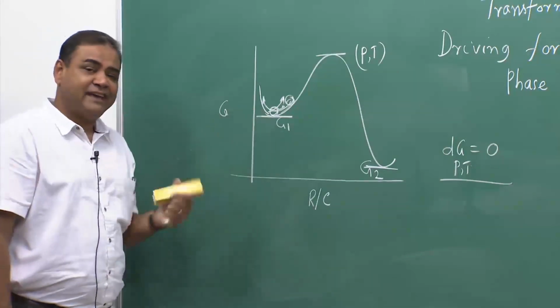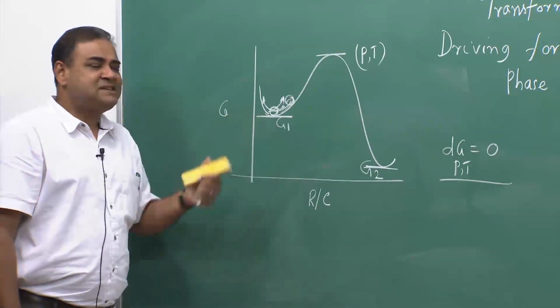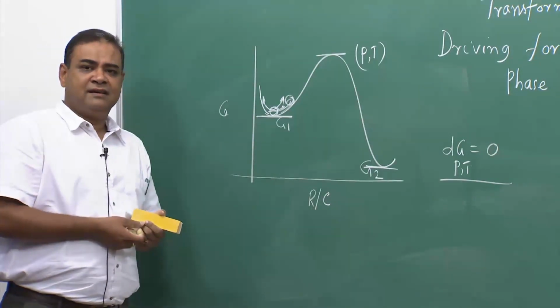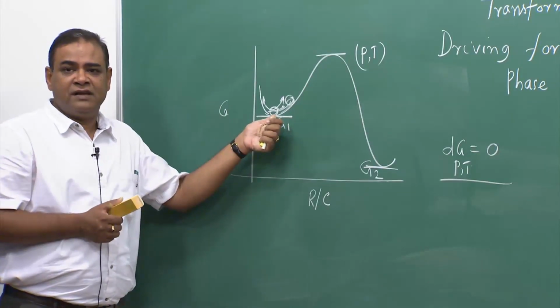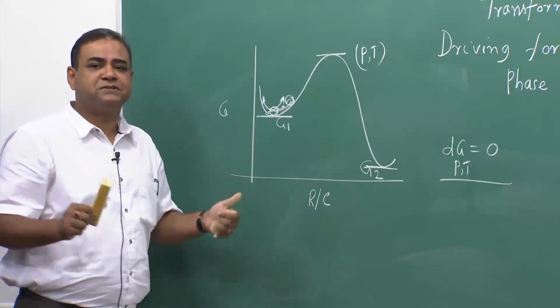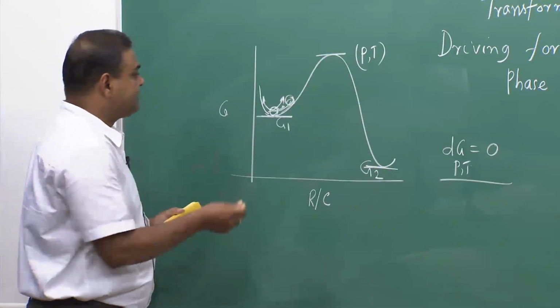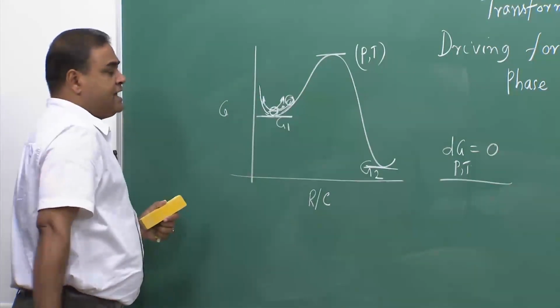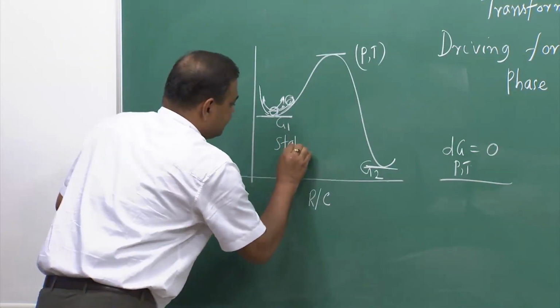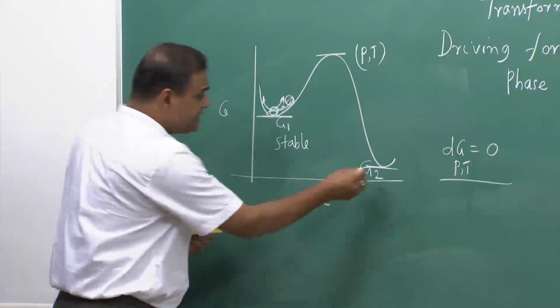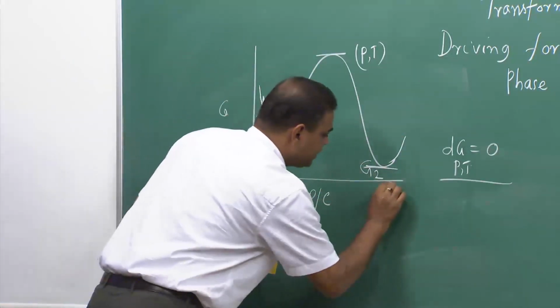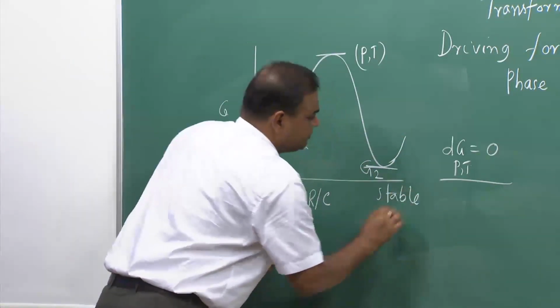That means the system tries to maintain that particular position if we do not have much disturbance to the system. That case we can call stable, and here the same situation persists. So, we can call it stable.